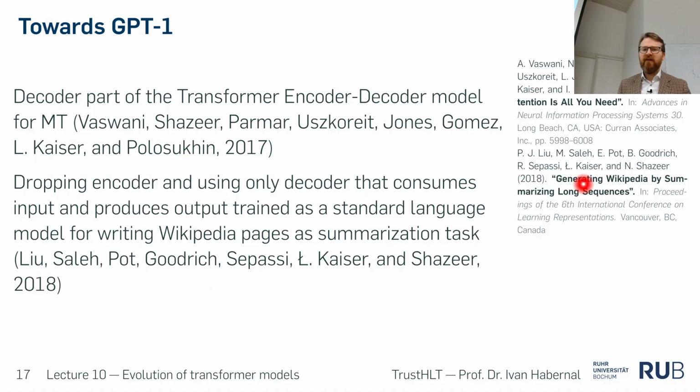I think we talked about this already. It was basically about dropping the encoder. There was a paper about this GPT-1 model, and they put away the encoder and used only the decoder on the task of language modeling for writing Wikipedia pages summarization.